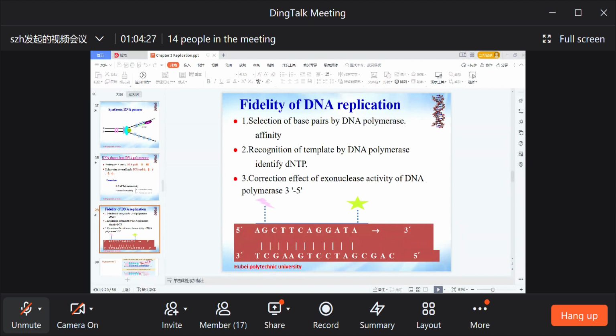You can see the lagging strand is synthesized slowly.